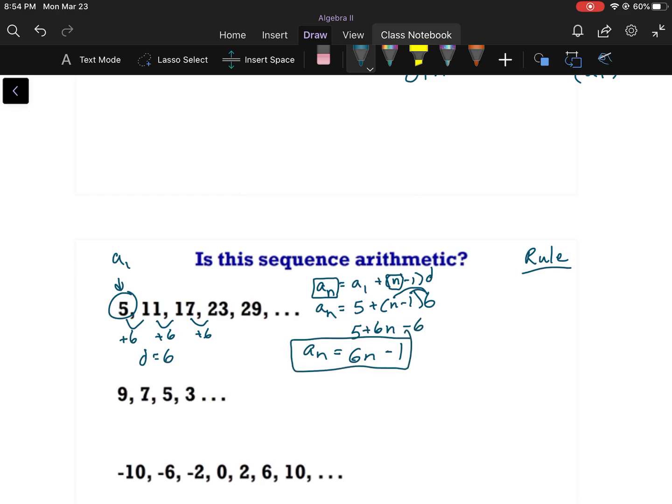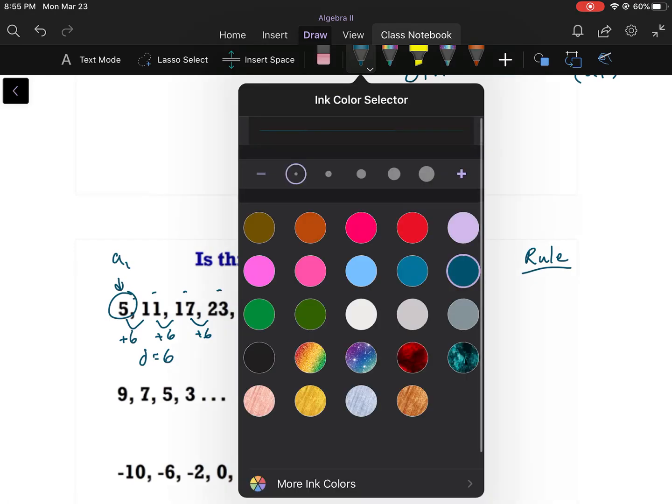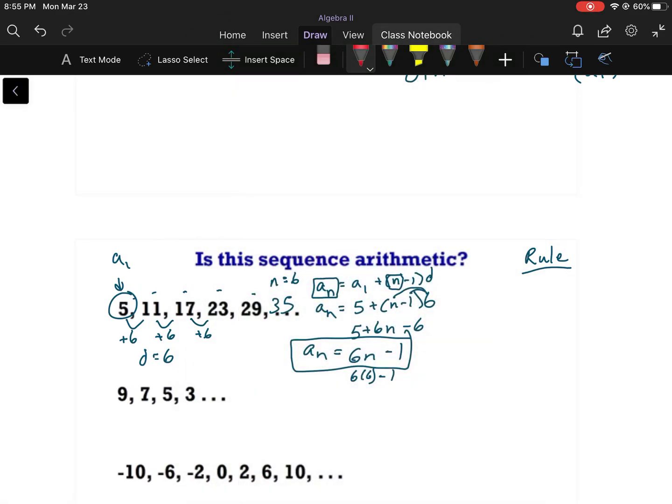Okay, so basically what that does for me is, let's say I want to find the 6th spot. If I put in the 6, 6 times 6 is 36, minus 1, that number would be 35. Now, the other way I could go about looking at this is I'm going to go backwards one spot. So I'm going to look for this number right here, and that would be my A0.